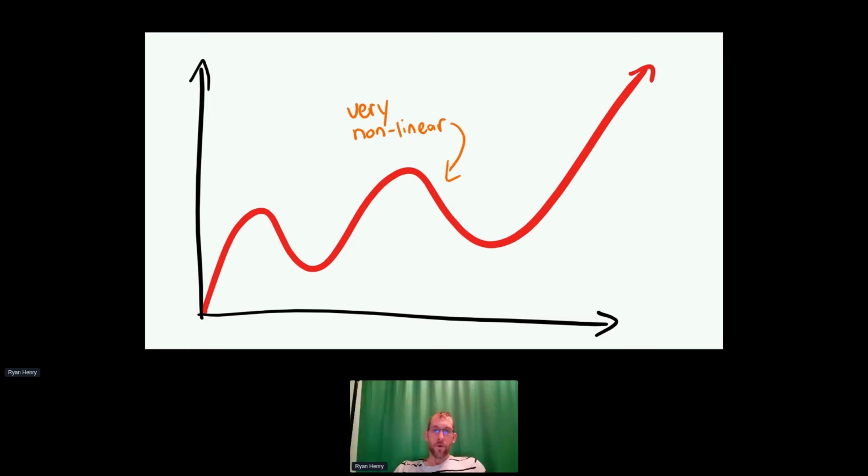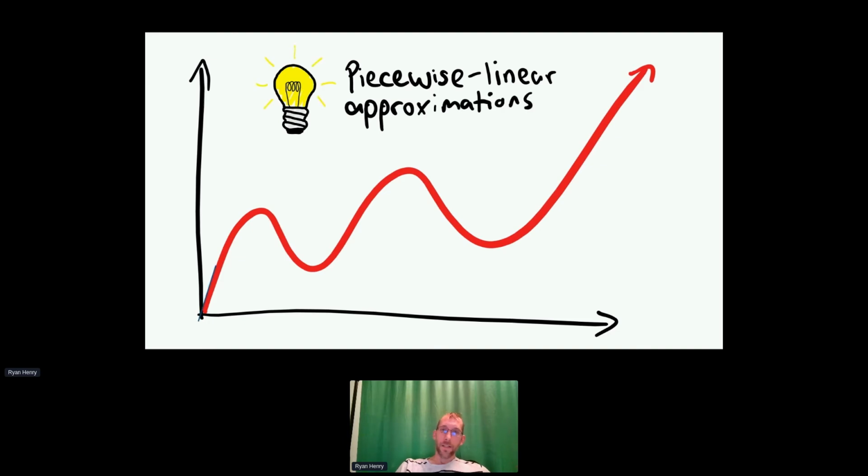And so the approach that we take is relatively obvious conceptually, but under the hood, there's lots of interesting stuff going on. So the first thing we do is we look at the curve describing the function we want to evaluate, and we try to approximate it using, for example, linear functions or low-degree polynomials.